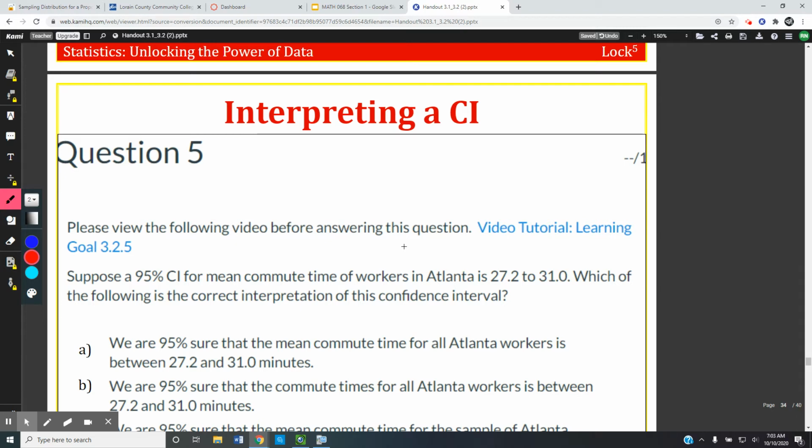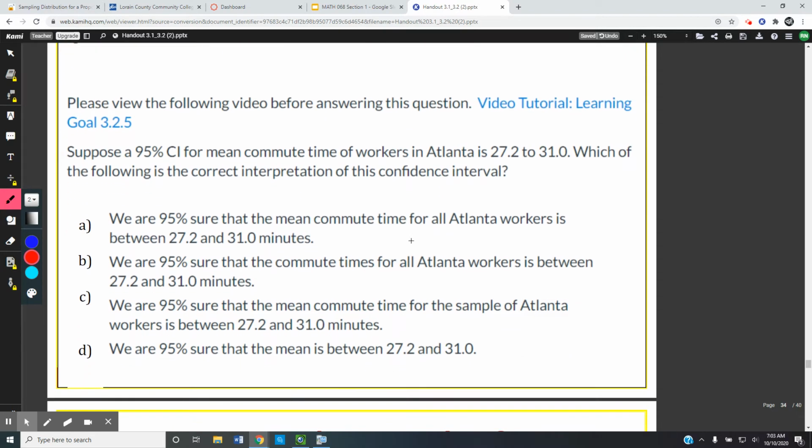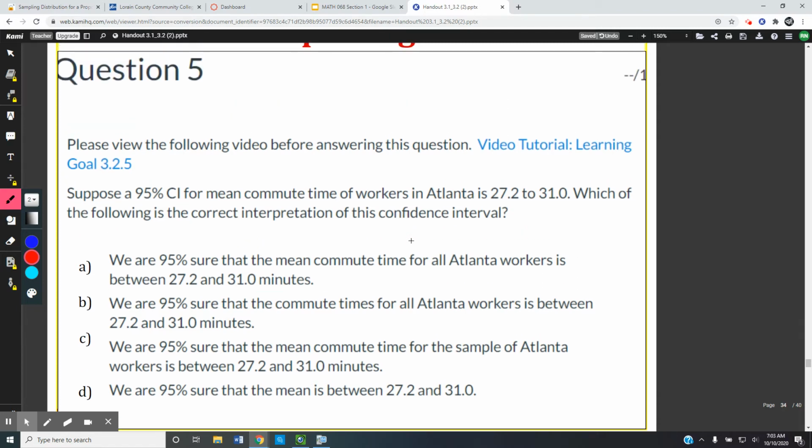Let's look at question number 5 here and see what's going on. Suppose a 95% CI for a mean commute time of workers in Atlanta is 27 to 31 minutes. Which of the following is the correct interpretation of the confidence interval? So a couple things to make sure that you follow.